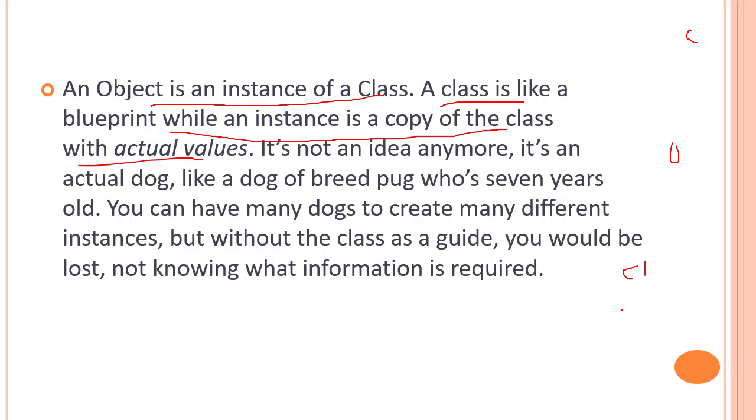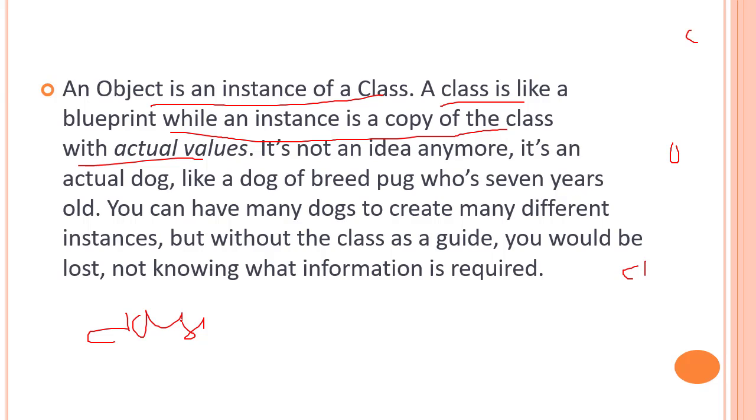It's not an idea anymore. It's an actual dog, like a dog of breed pug who's 7 years old. You can have many dogs to create many different instances, but without the class as a guide, you would be lost, not knowing what information is required. So you have a class which is acting as a blueprint. So from the class, I know that this is class 12, and these are computer science students.